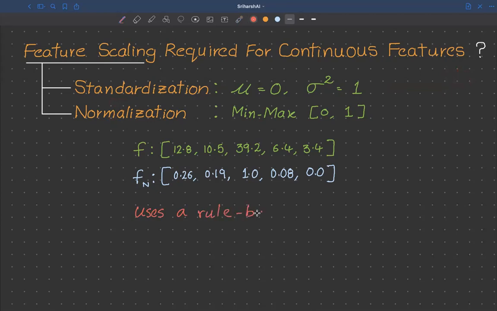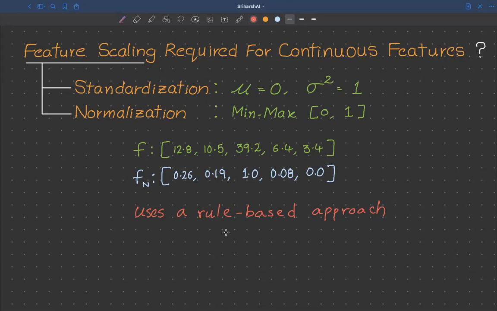What do I mean by the rule-based approach? If you observe a decision tree, what does it contain? It just contains a bunch of if-else conditions, a bunch of if-else rules.